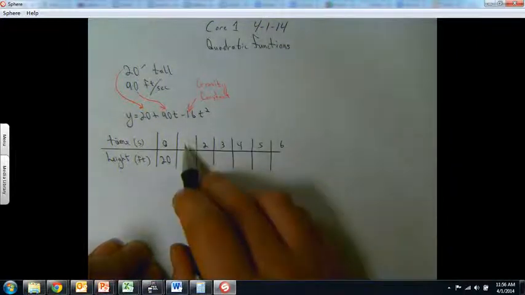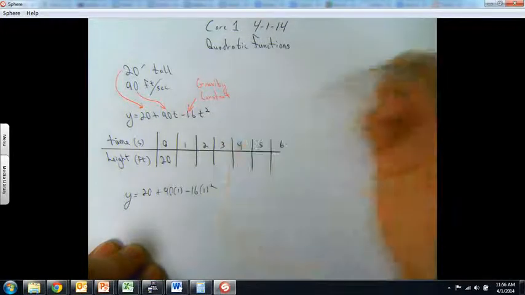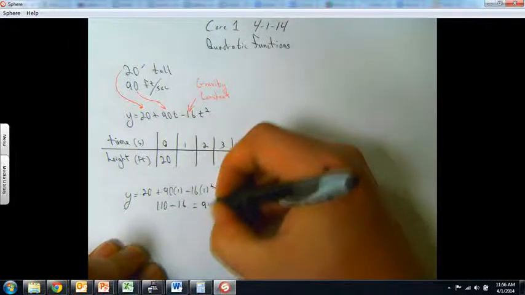Plugging in a 1 means I have y equals 20 plus 90 times 1 minus 16 times 1 squared. 90 times 1 is 90, 20 plus 90 is 110, 16 times 1 is 16, 110 minus 16 is 94.